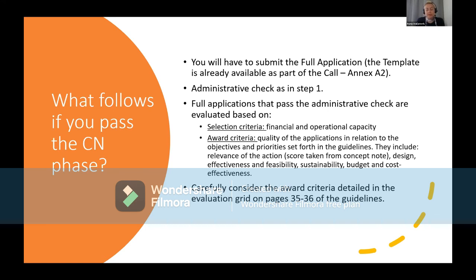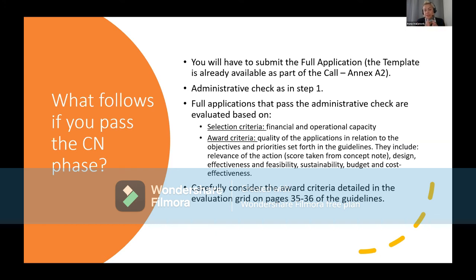Sometimes it can be not only a couple of months, but even half a year after the implementation of your action ends. So you need to have these financial capacities. You need to prove that you will be able to sustain the project until the very end, and that you have operational capacity, that you have management and in-house capacities to handle this project properly.